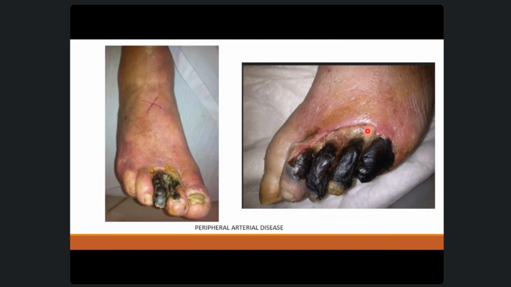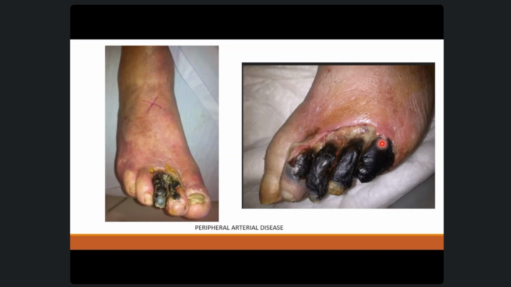So poor yung blood supply to the area, you expect warm or cold? Cold kasi wala namang blood supply. So it's cold to touch, atrophic yung skin, tapos meron ding loss of hair and thickened nails ang patient.